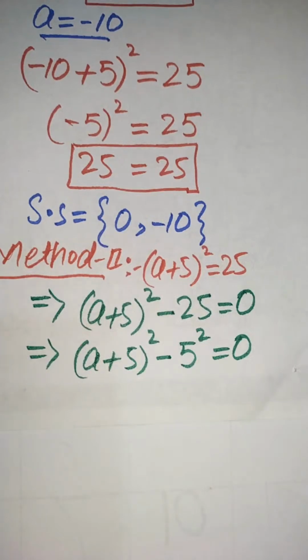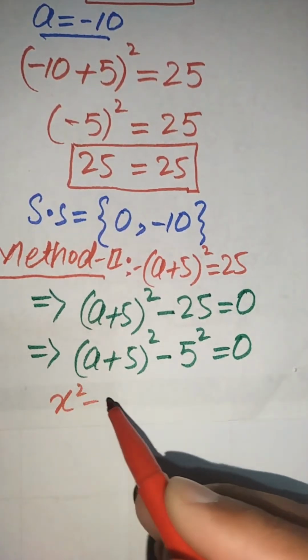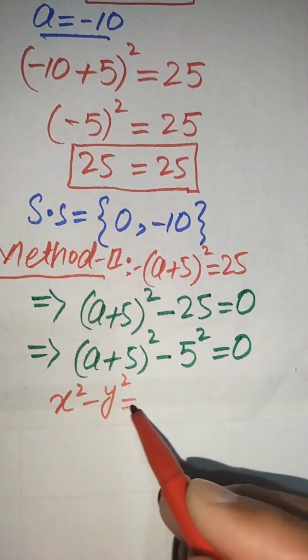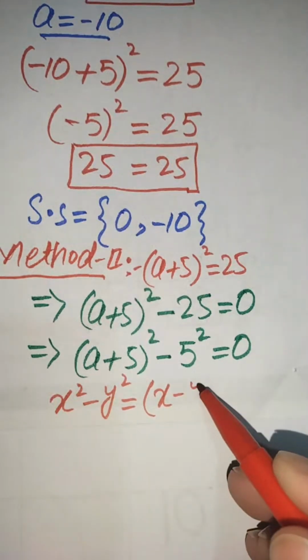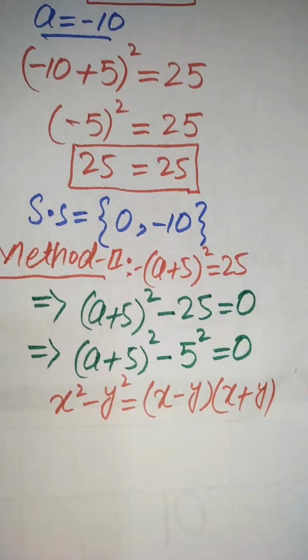Further, in the next step we use another nice algebraic formula. You know that x square minus y square is equal to (x - y) times (x + y).